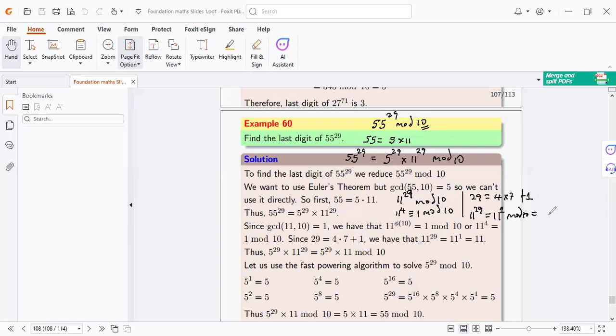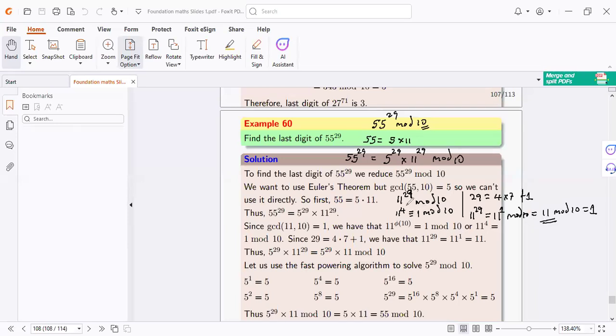And so the answer is just 11 mod 10, which is 1.